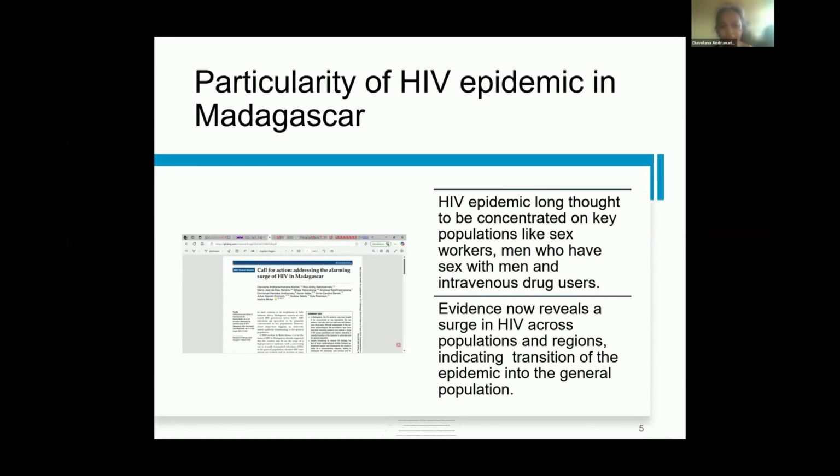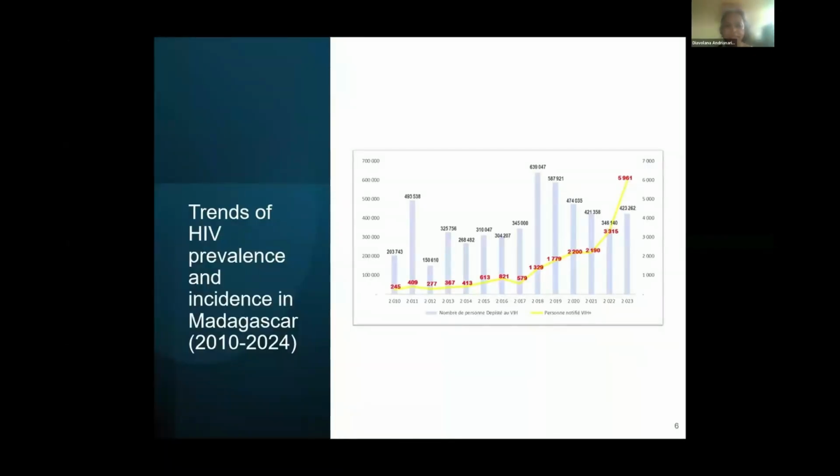But now there is evidence of a surge in HIV across populations and regions, indicating the transition of the epidemic into the general population. And we can see it in these trends of HIV prevalence and incidence in Madagascar from 2010 to 2024. In 2019 it took off slightly, and during the COVID epidemic it was rising.